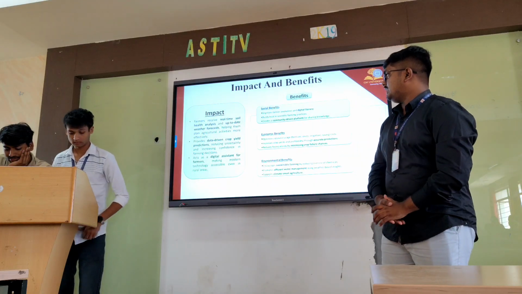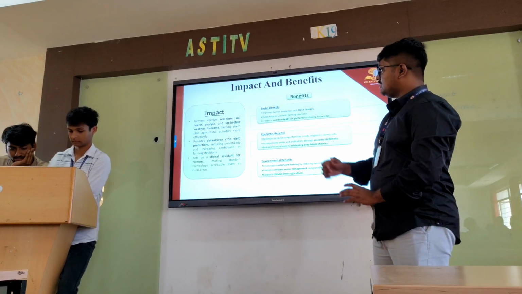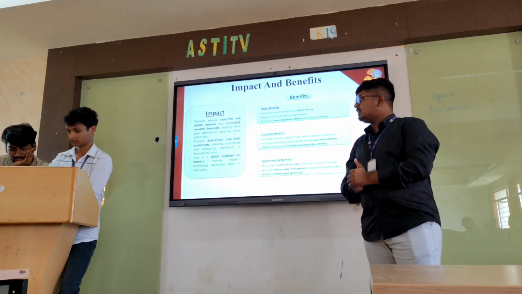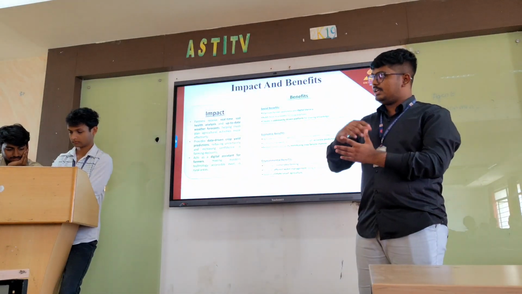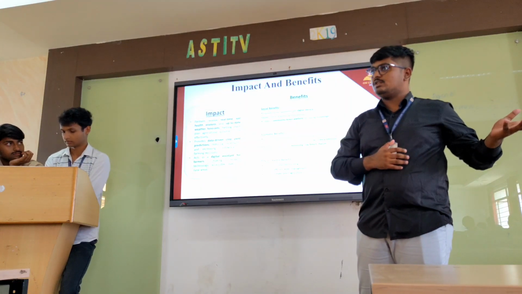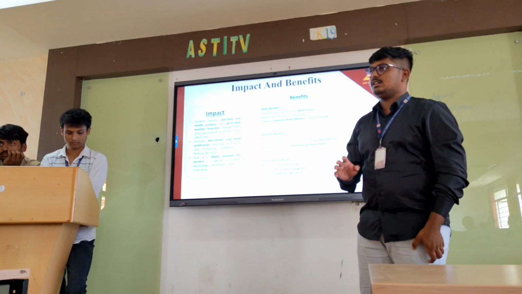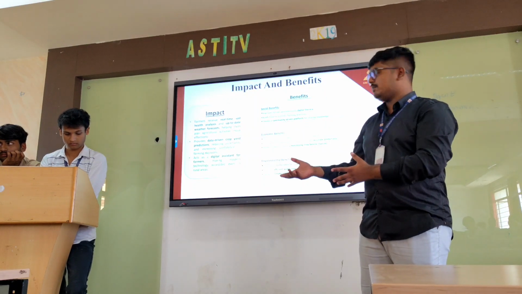Next is yield prediction. Based on our ML model, it will predict how much yield will come, and it will upload previous yield as well. Based on that, next time with fewer resources they can produce more crops.